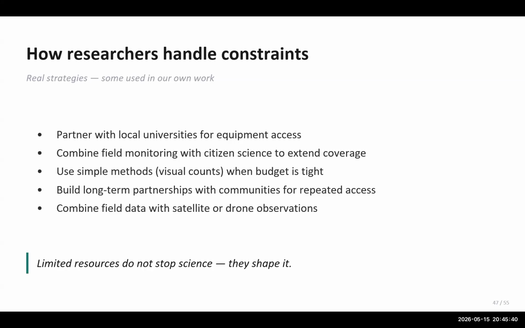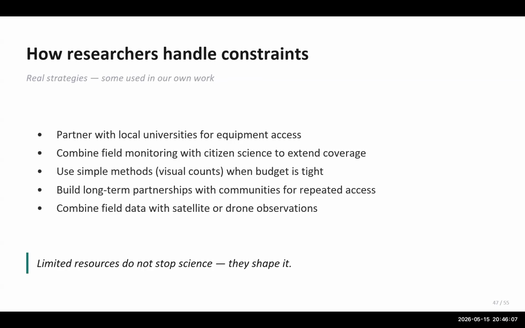Another thing you can do to solve the problems that we mentioned before is to build long-term partnerships with communities for repeated access. That means you make a partnership with a collaborator so you can repeat the same measurement across time, or share the work, you know what I mean?